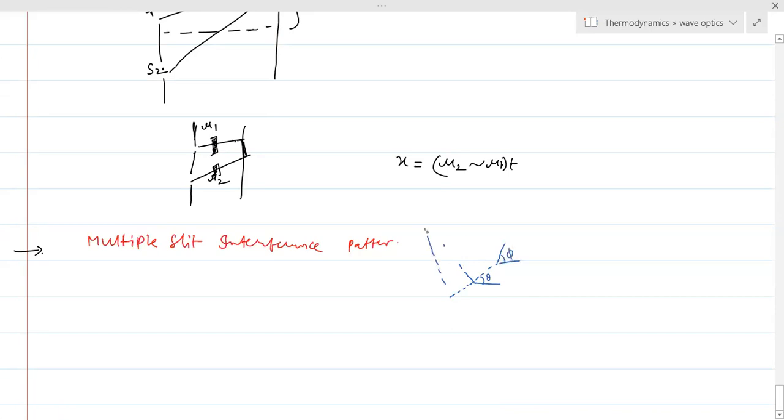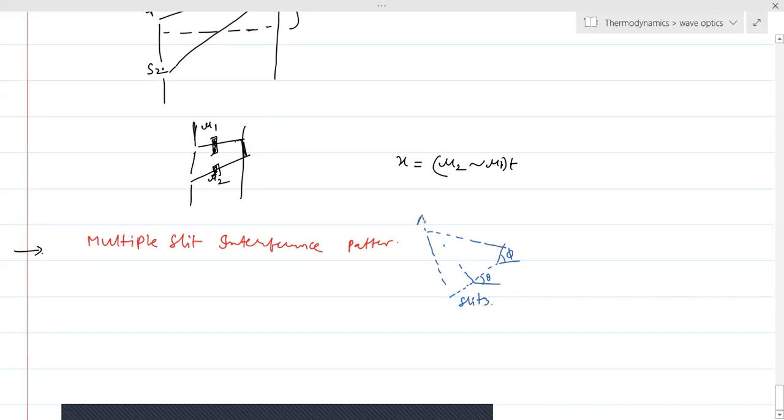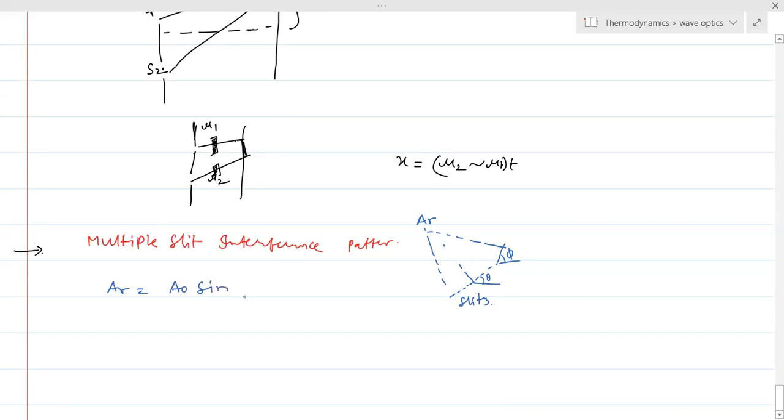The light is emitted from these slits. All these are slits. They will ask for the resultant amplitude of light emitted from these slits. A naught is the amplitude of light from each slit.